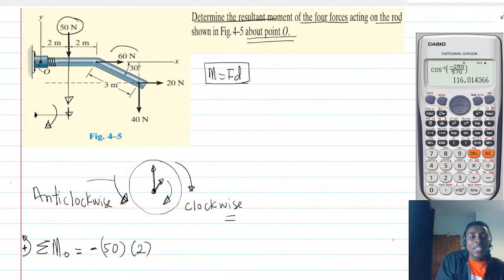Look at this 60 Newton force. The line of action is passing through O. Think about this force as, let's say you are standing in front of a door and you want to open it.